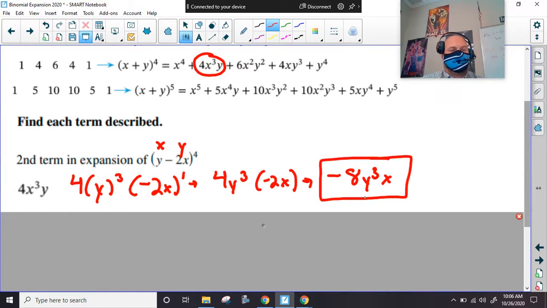So what I did is I went to the fourth row, because that's the power that it had right here. I went to the second term, and I just plugged in the stuff as it is. Remember, if it's got a minus in front of it, you have to treat it as a negative.